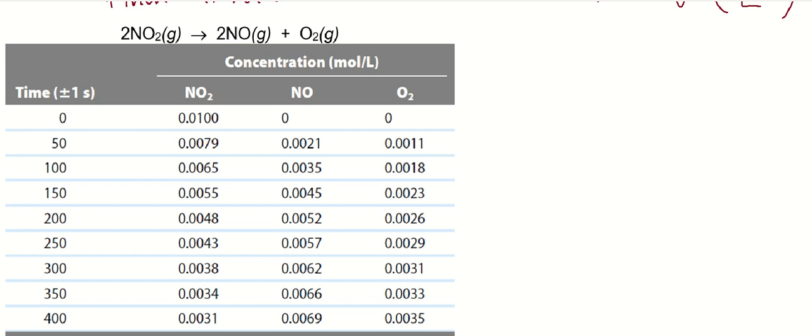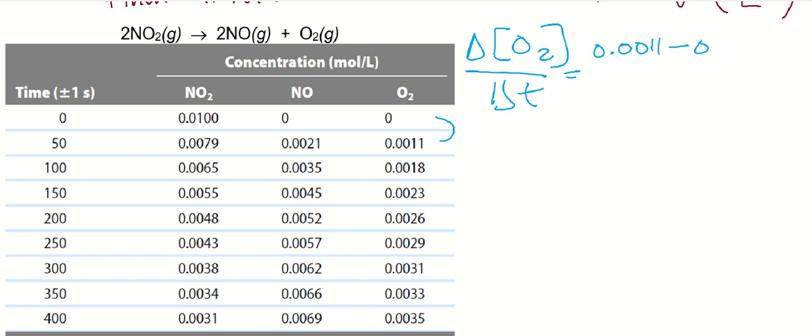All right, so we can write that as, for O2, the change in the concentration of oxygen over the change in time. Okay, and so what we're going to get is, if we show our work, final minus initial, all right, 0.0011 minus 0 over 50 seconds.